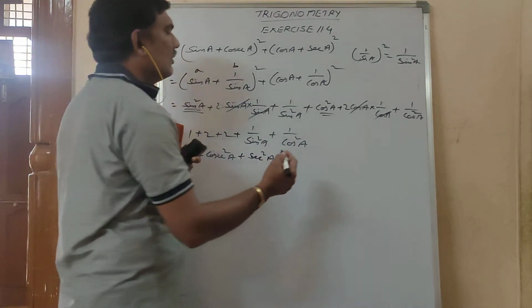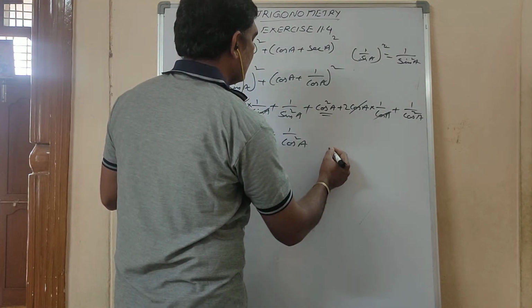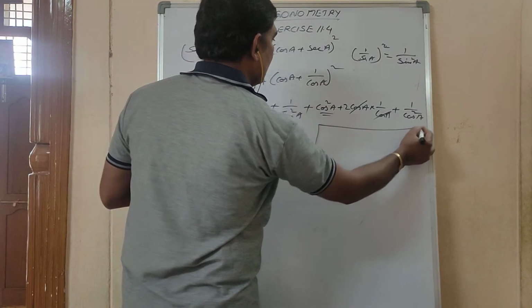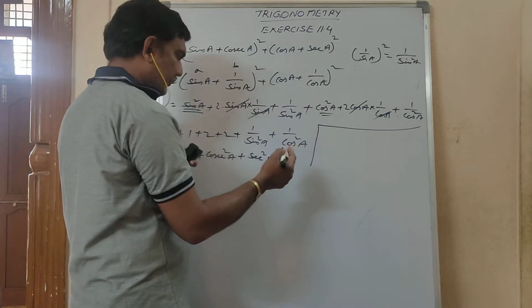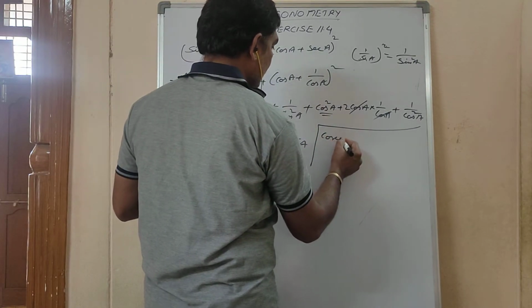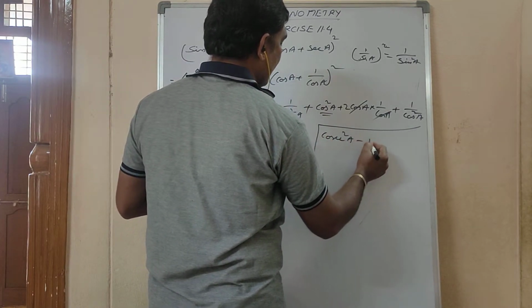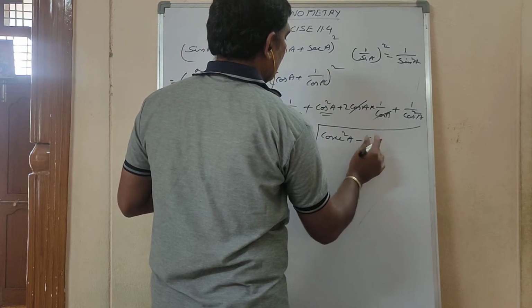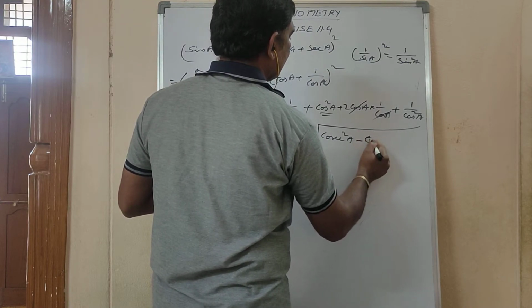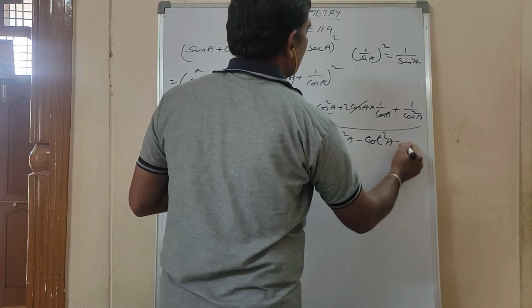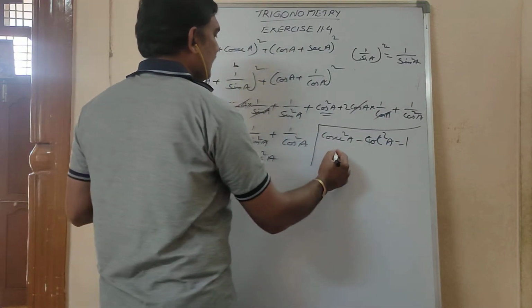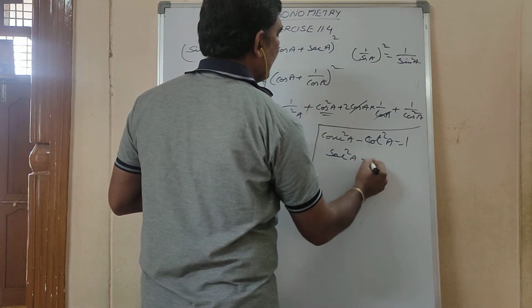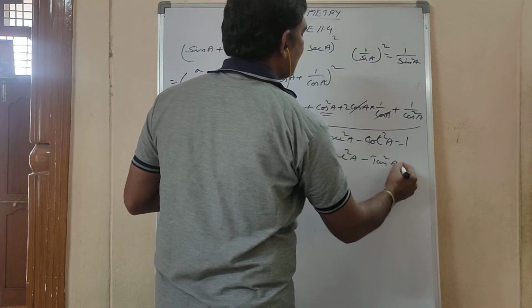Now the identities I gave you. The second identity is cosecant square A minus cot square A is equal to 1, and the third is secant square A minus tan square A is equal to 1.